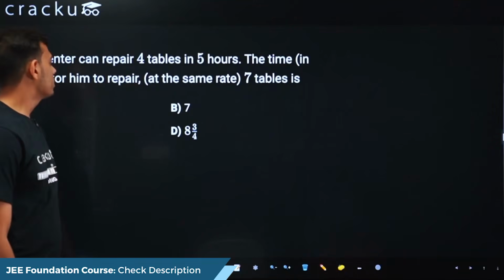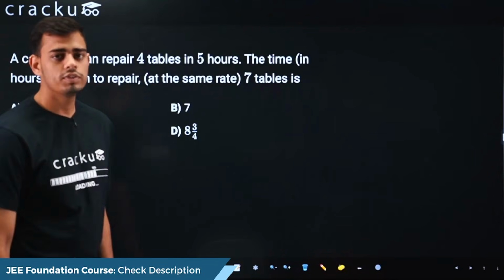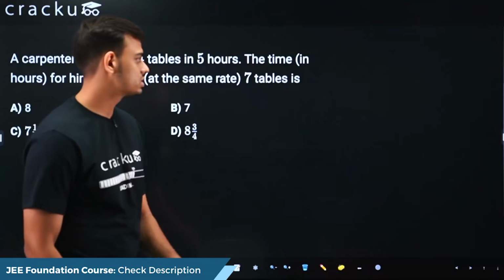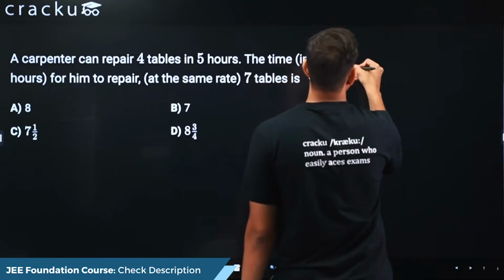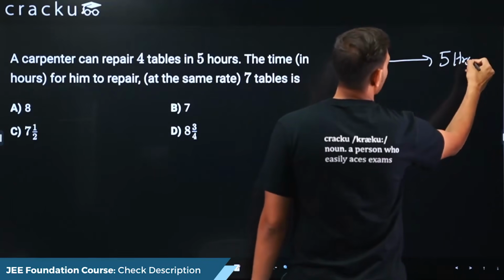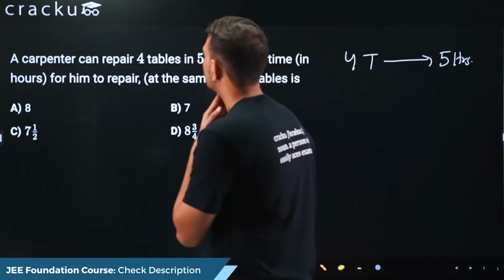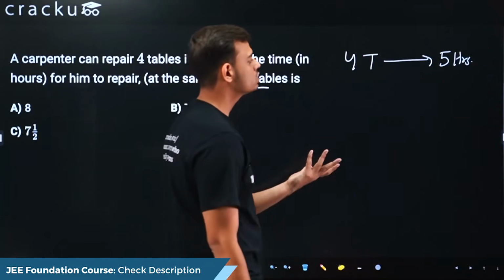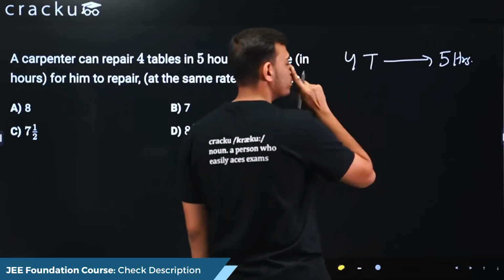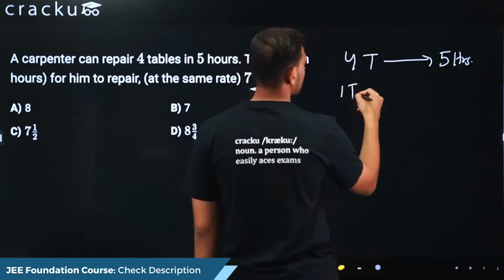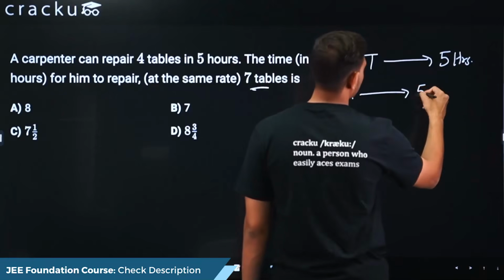In this question, we are given that a carpenter can repair 4 tables in 5 hours. We need the time for him to repair 7 tables. We'll simply use the unitary method. If 4 tables take 5 hours, then 1 table will take 5 by 4 hours.